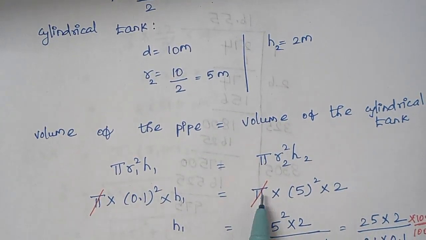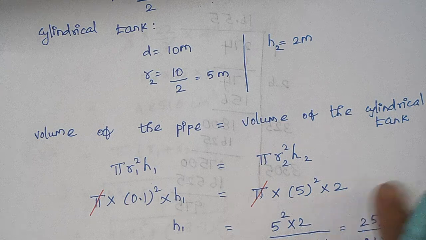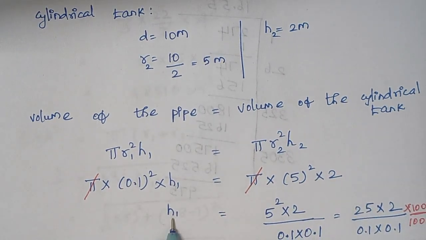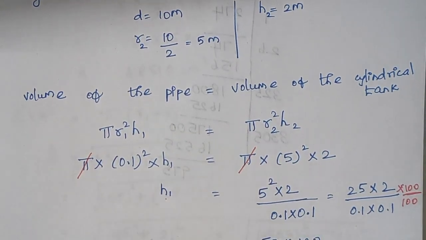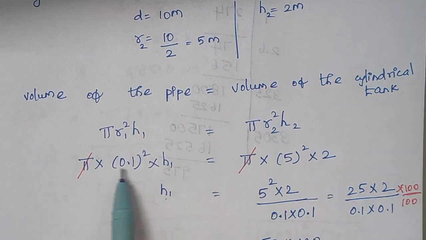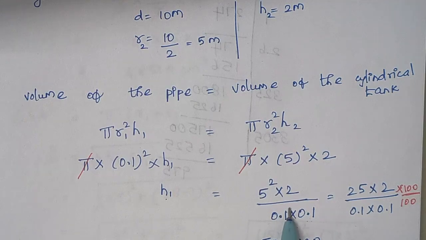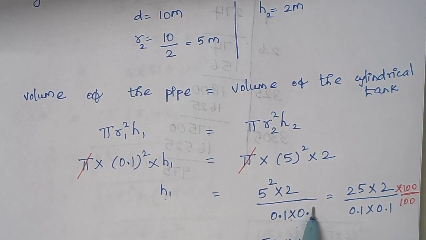So this pi and pi cancel each other and I need to find the H1, which is nothing but the length of the pipe. So the length of the pipe is given as 5 square into 2. I am moving this, so here it becomes 0.1 into 0.1 which occupies the denominator part. To remove the decimal point, you see after the decimal point there is one digit here and one digit here, so I have to multiply by 100.